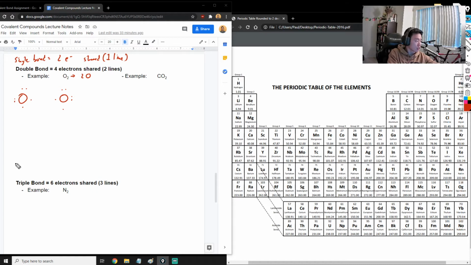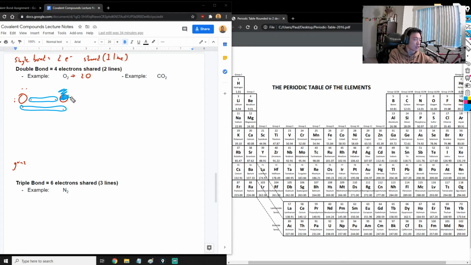We know that both oxygens want to gain 2, so they need 2 to get to 8. And so what oxygen is going to do is share with this oxygen. And you're going to notice that both oxygens have 7, so we're going to have to share one more pair in order to get them to 8.